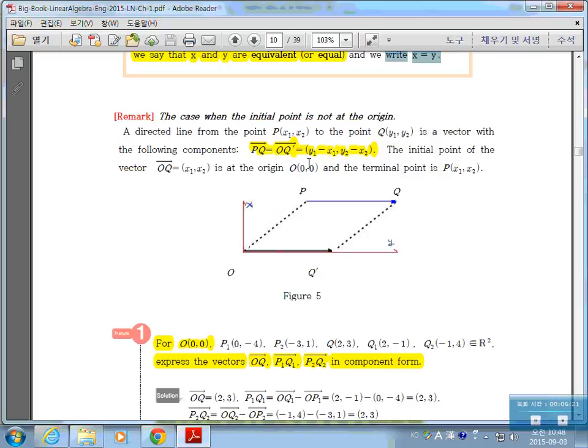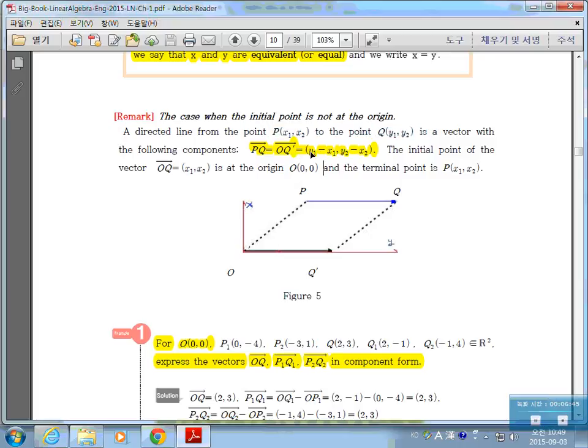Okay, here in figure 5, the vector from O to Q prime and the vector from P to Q can all be written as y1 minus x1 and y2 minus x2 when P and Q are given in this way.